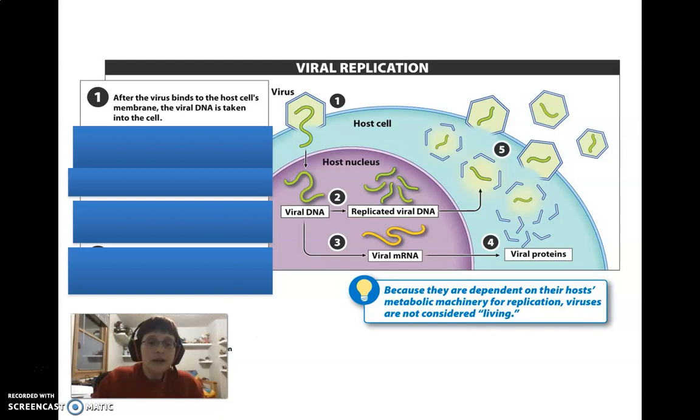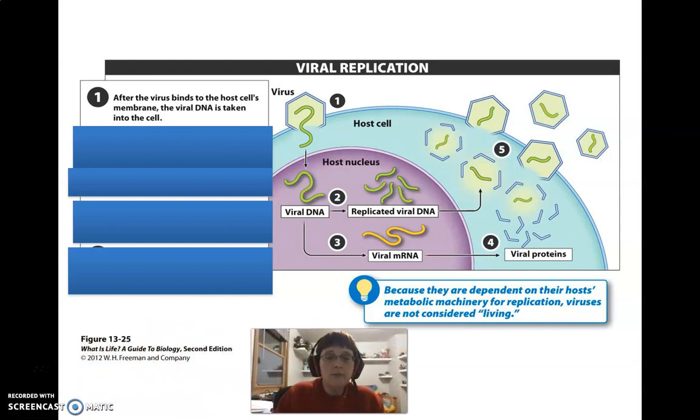So here is how you get a new virus. So the first thing that happens is you get a virus that binds to the cell membrane for a host, and then the viral DNA gets pulled into the host cell. Sometimes the whole virus might get pulled in, but this is the important part right here, getting the viral DNA inside.